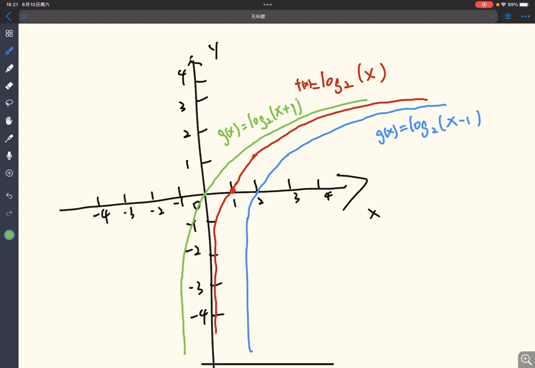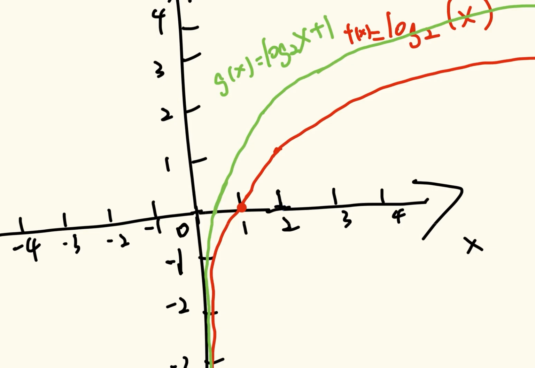The graph of g(x) will be shifted 1 unit to the right. As you can see, the graph of g(x) is shifted 1 unit to the right compared to f(x) equals log base 2 of x. The domain remains the same, but the graph is translated horizontally.